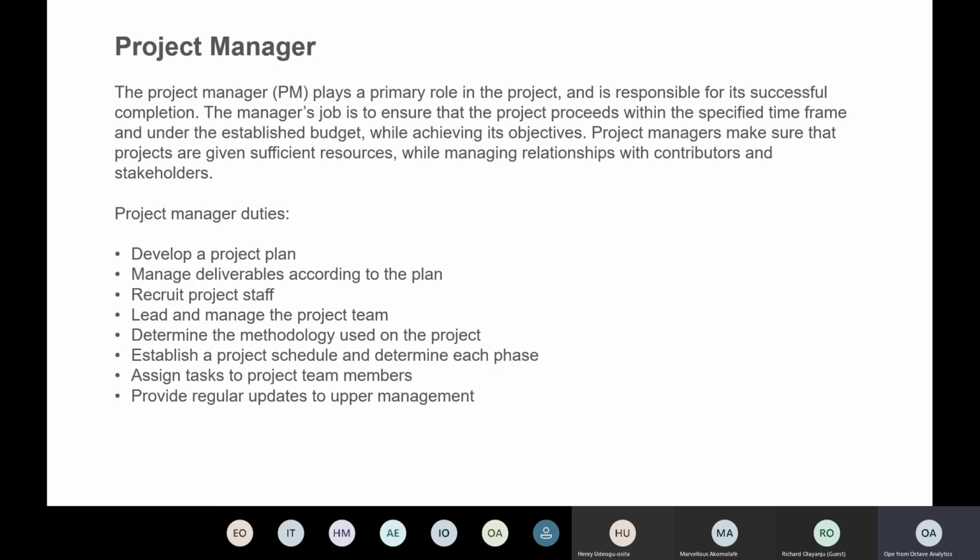Project managers make sure that projects are given sufficient resources. So the agreed resources as contained in the proposals are followed up by the project manager.